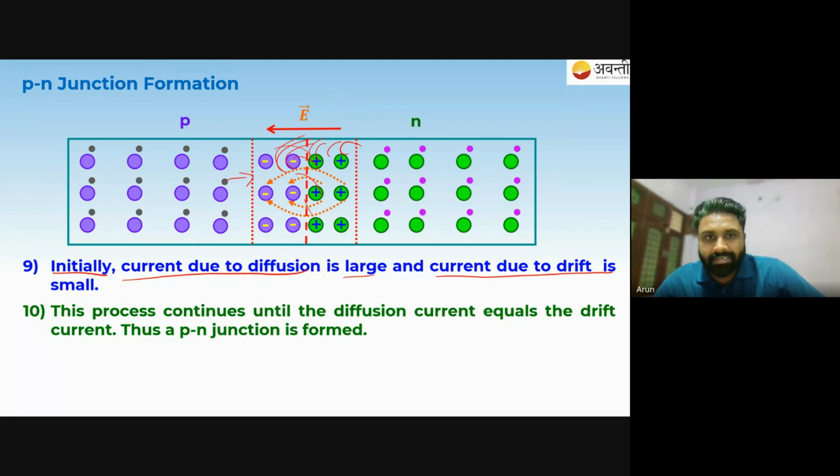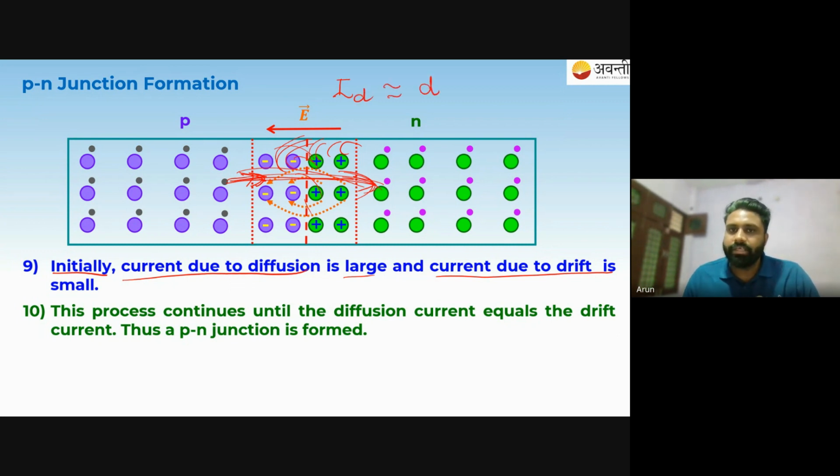When the electric field has been developed, then these minority charge carriers will try to go to this side. And this will happen until the drift current equalizes its value to the diffusion current.